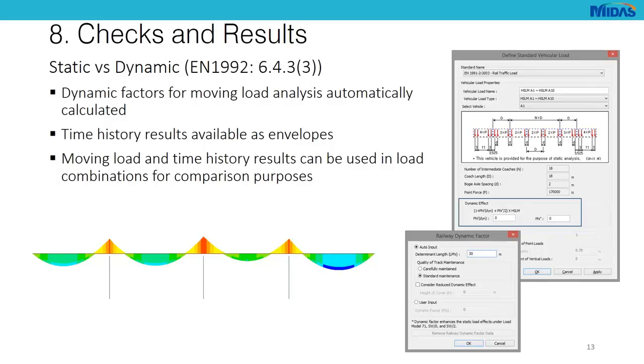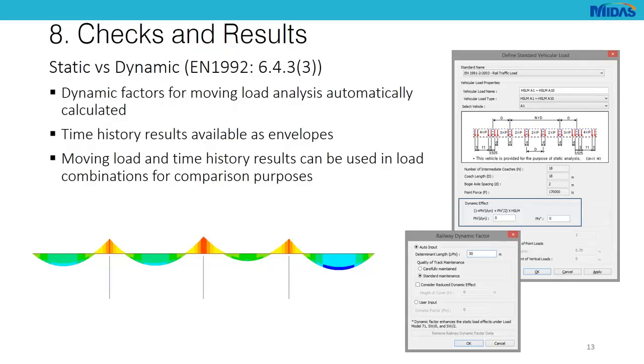And also, if we have different structural elements, and so not only one main deck element, we can apply dynamic factors to every type of element. Now, just like moving load analysis, time history analysis gives us envelope results. These envelope results can be directly placed into load combinations.